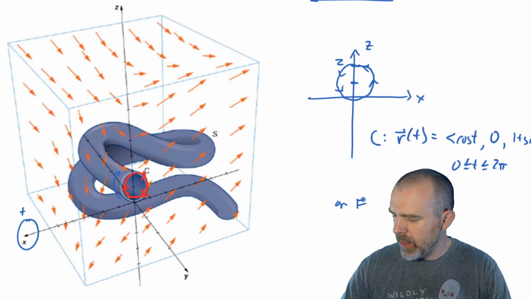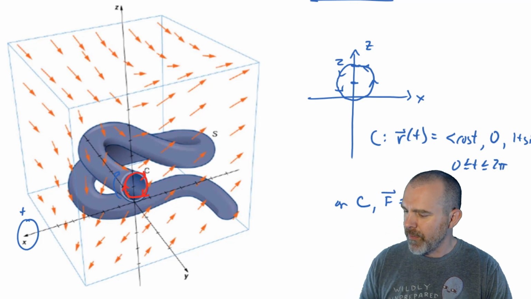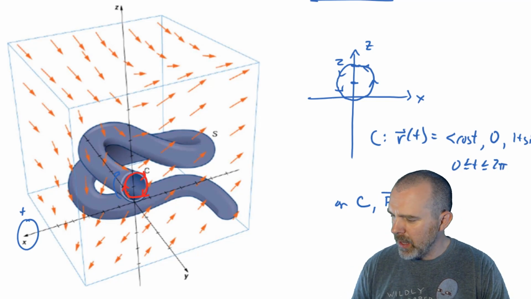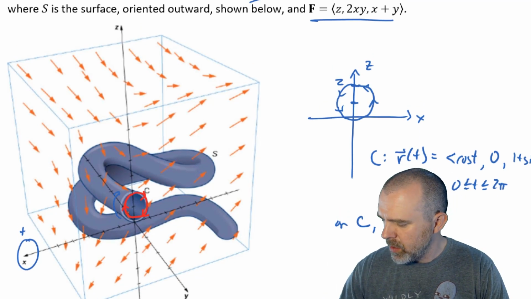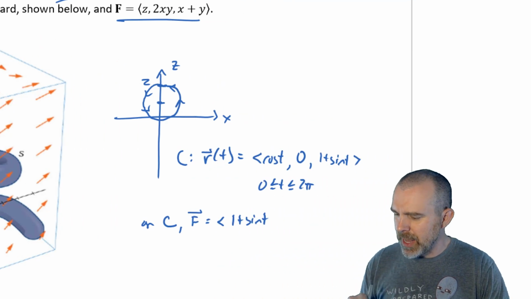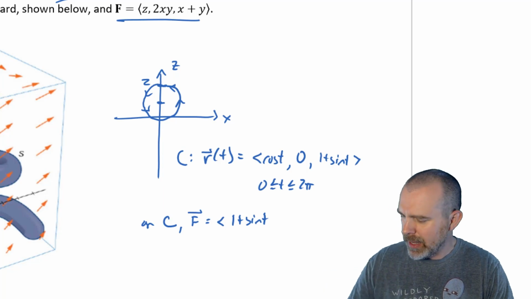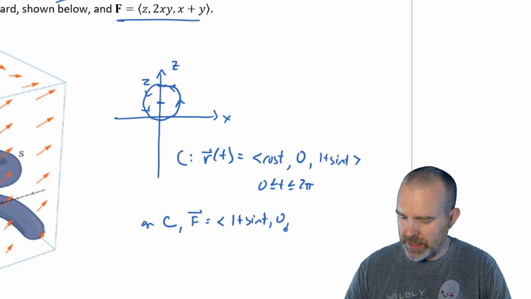Okay, on that curve, our field would be z, 1 plus sine t. Let me actually just go over this way. So the field is 1 plus sine t, and then it's 2xy, so that's 0. And then it's x plus y, so that's cosine t.